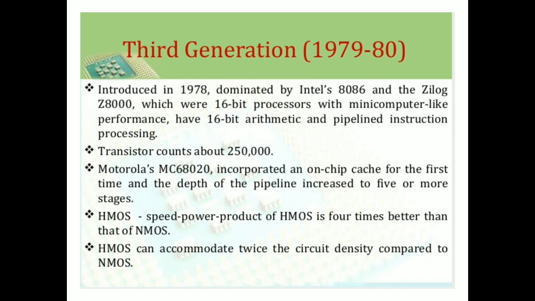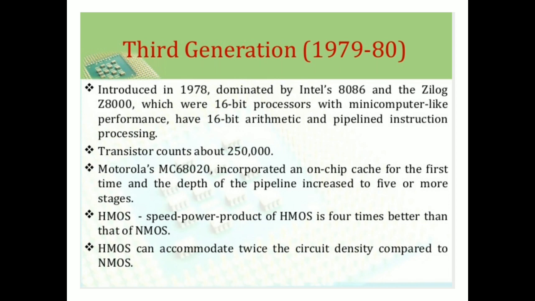In Motorola's MC68020, for example, an on-chip cache was incorporated for the first time and the depth of the pipeline was increased to 5 or more stages. It was designed using high-density metal oxide semiconductor technology, that is HMOS.